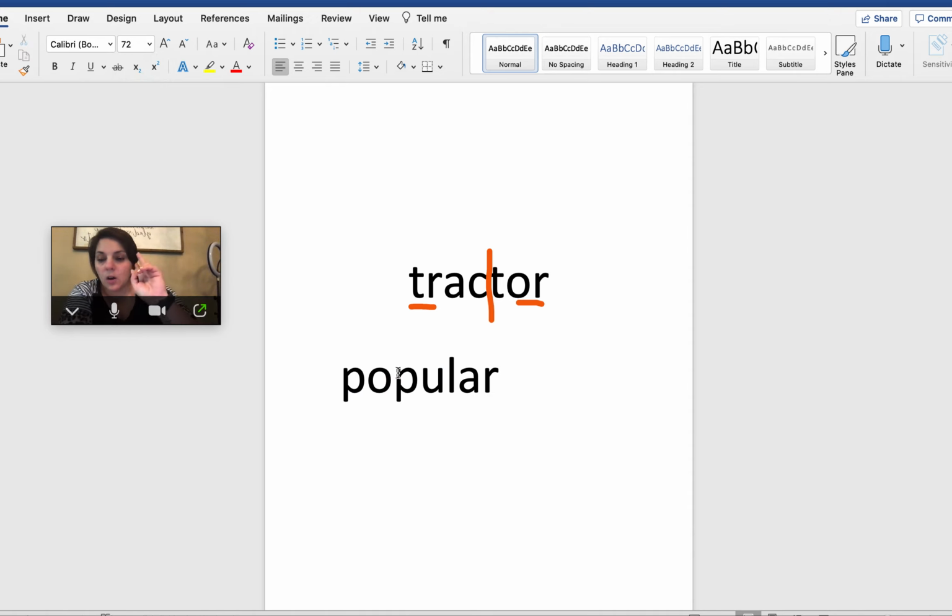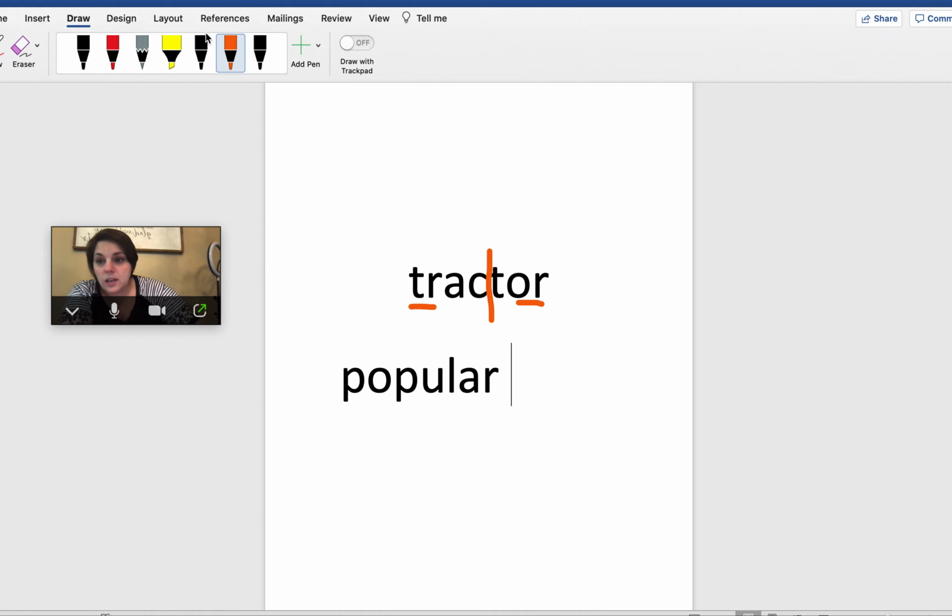Okay, sorry. So when I look at this word, and I can make it big, I see one part that I already know, okay? So I look at this and I see pop. Did you see pop? So I don't even have to read that word. That's a sight word to me. Pop. Now, the rest of the word, I'm going to have to sound out. So let's break it into syllables. Ready? Popular.